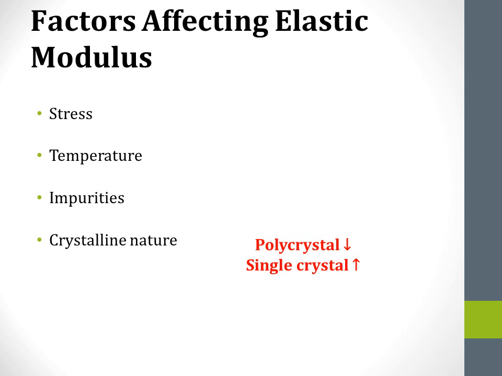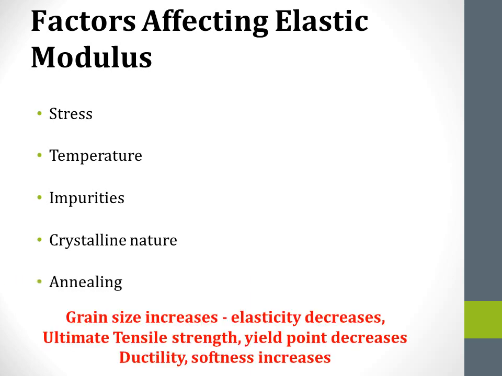Elasticity changes with the type of crystals present. For a single crystal, the elasticity is more, whereas for a polycrystal, there is a decrease in the elasticity. Annealing is another factor which affects the elastic modulus.